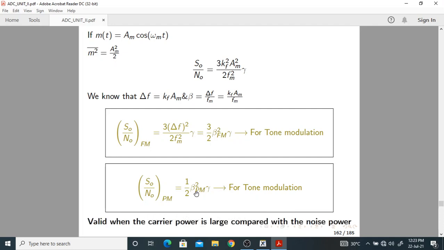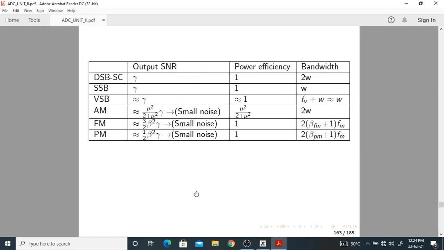Please remember, we are doing all these calculations for the large SNR case, which means the signal component is much more than the noise component, valid when the carrier power A is large compared to the noise power. When the signal component is more than the noise component, this is the output.